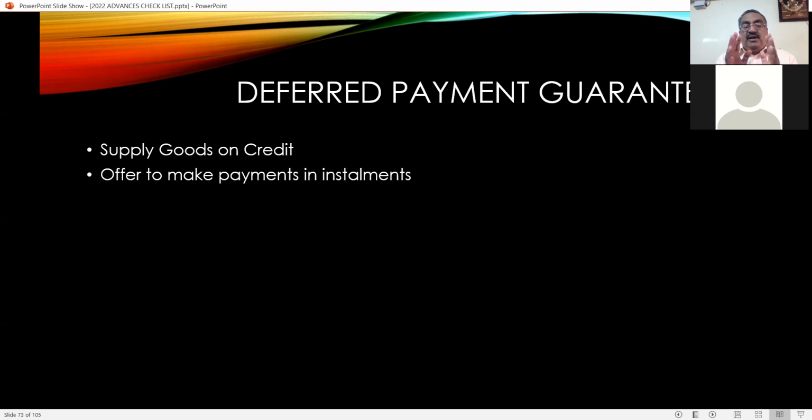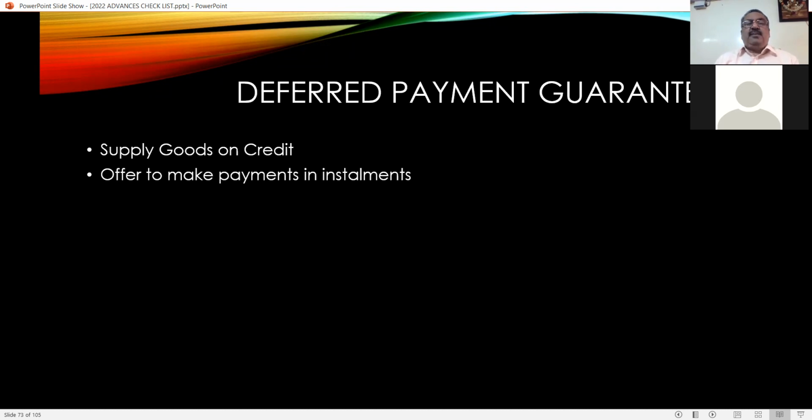10 lakhs is the total value of the goods purchased, and the contract is that every month you have to pay 2 lakhs. The borrower has to make the payment of 2 lakhs, and the supplier says that no, you have to get the bank guarantee, as a performance guarantee. Otherwise, you can call it a deferred payment guarantee.